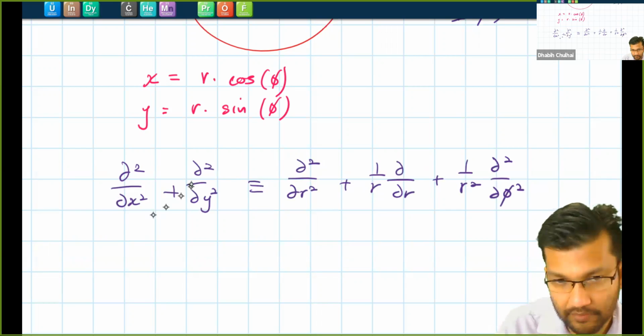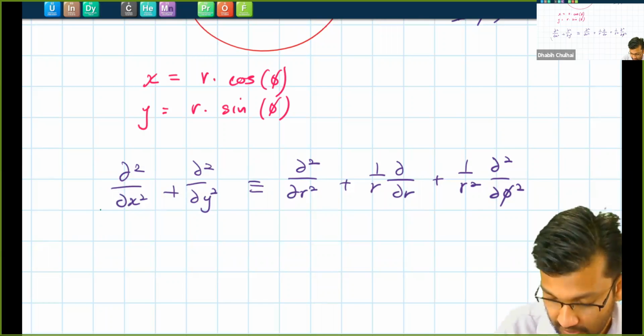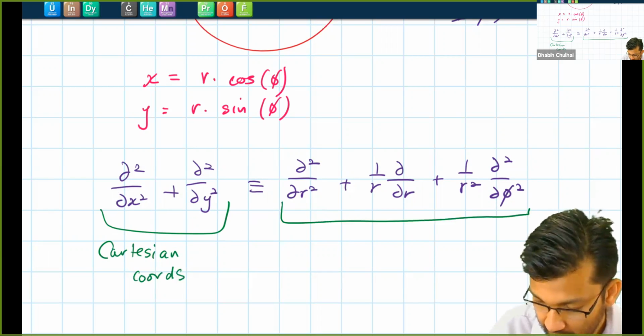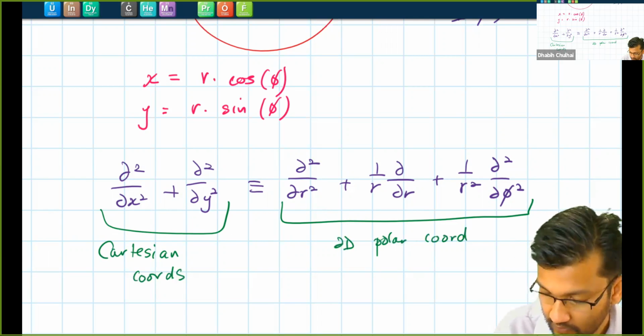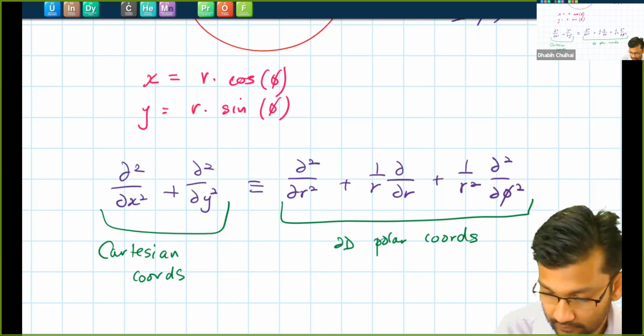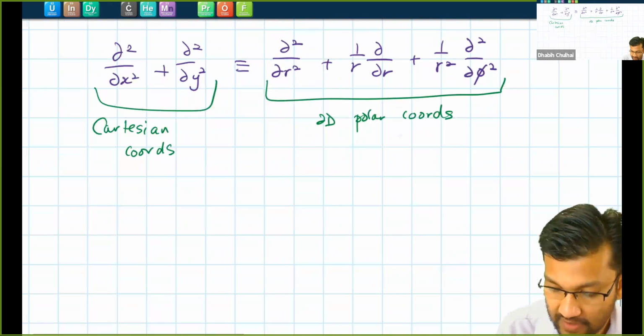So this in Cartesian coordinates becomes this in polar coordinates. So this is Cartesian coordinates, and this is two-dimensional polar coordinates. Everybody with me so far?